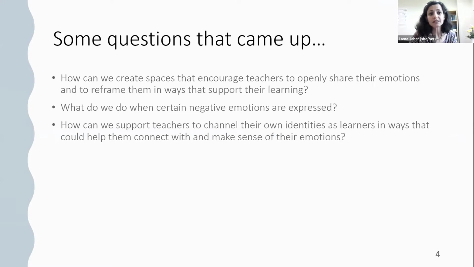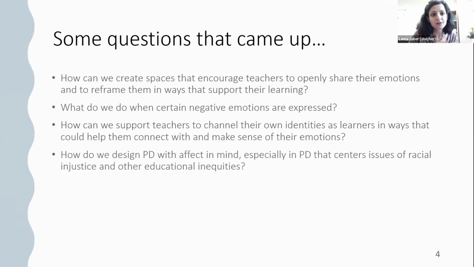How can we support teachers to channel their own identities as learners in ways that could help them connect with and make sense of their emotions and where those emotions are coming up for them? How do we design PD with affect in mind, especially in PD that centers issues of racial and other kinds of injustices and other educational inequities that typically are fraught with lots of emotions and heightened affect?